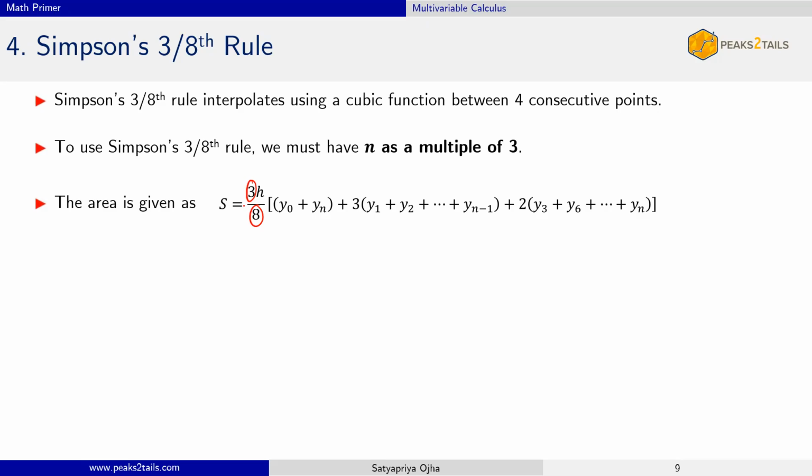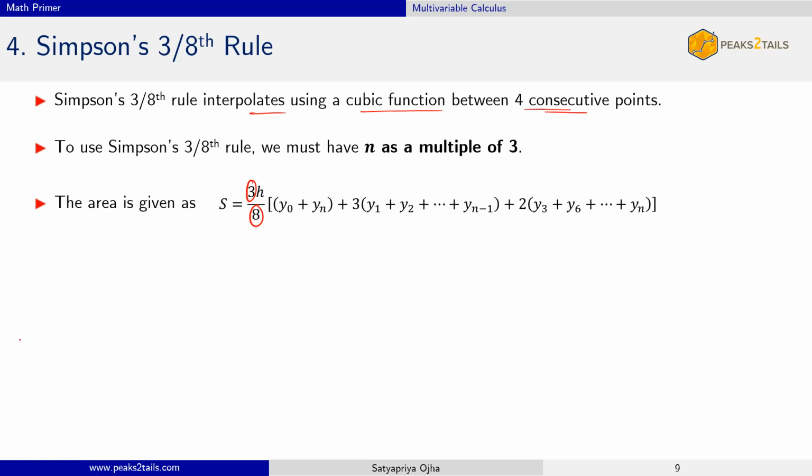Now I've not given any derivation or anything. If you're interested, you can look at it. But the key difference is this one interpolates using a cubic function. That's all. There it was trying to interpolate using a parabola, which is a quadratic function. Here, the approximation between the points during the interpolation is using a cubic function. To use a cubic function, we need 4 consecutive points, correct?